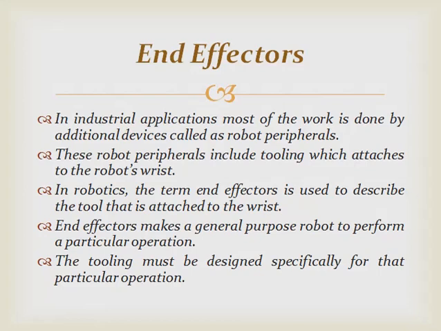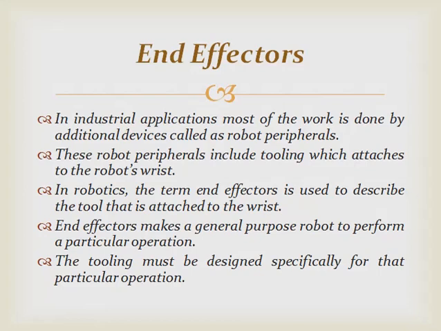We have already seen the arrangement of the robot, consisting of base, body, arm, wrist, links, joints, etc. In the wrist you have a separate area where you fix the tool, and that particular area is considered the end effector. The end effector makes a general purpose robot perform a particular operation.